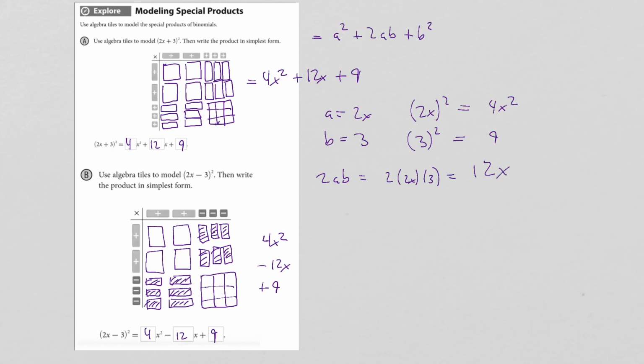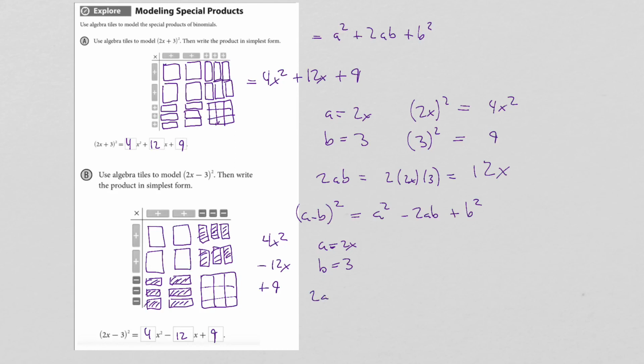And you'll recall the formula for this thing, if I had a minus b squared, it was a squared minus 2ab plus b squared. Well, our a is the same. Our a is 2x. Our b is 3.